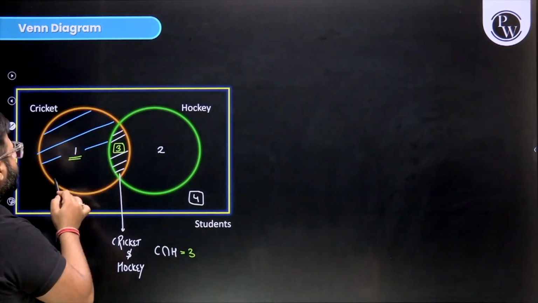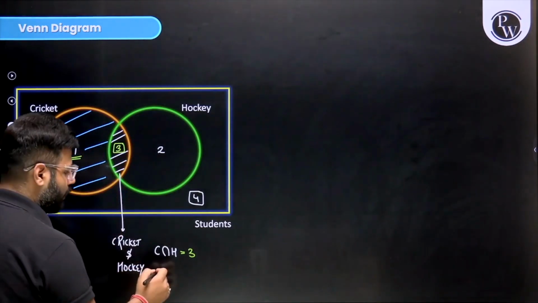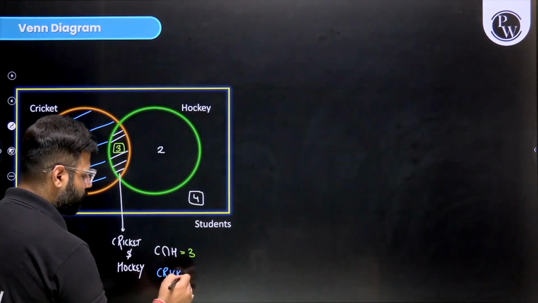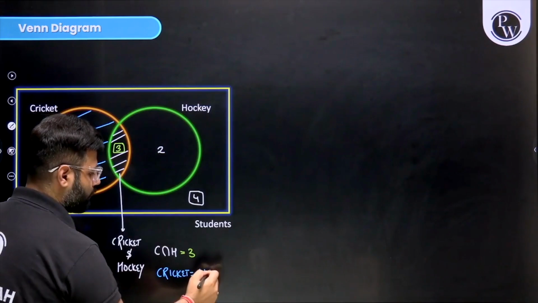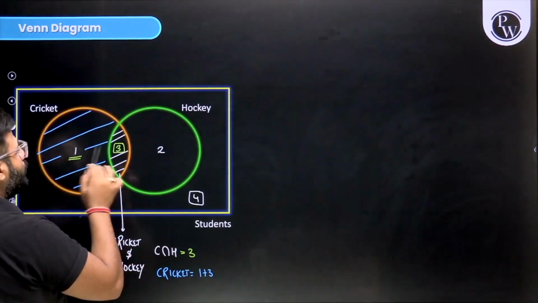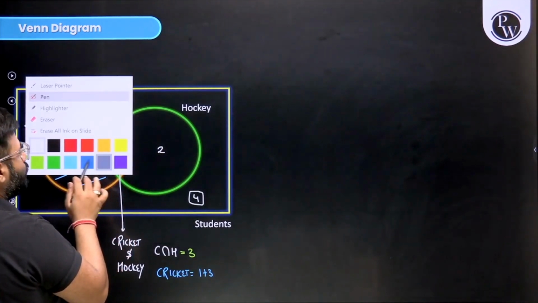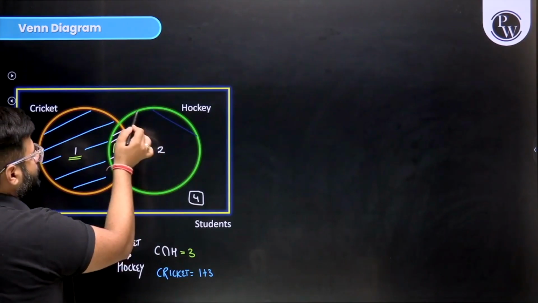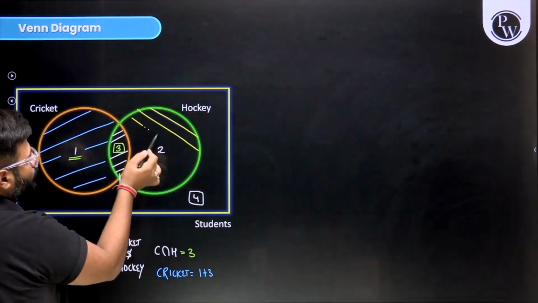So it's not the cricket, because cricket is of course the entire orange circle. So if I talk about the region cricket, that's the orange circle. Orange circle means 1 plus 3. Similarly, if I talk about hockey, then hockey, of course, now you know, is not just region 2.